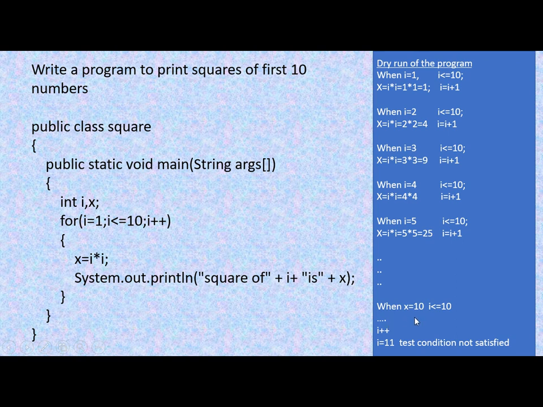But after execution, the value of I will increase by 1, and now when it becomes 11, then the test condition will not be satisfied, because our condition is that I's value should be less than or equal to 10. So once this condition is not satisfied, then the program control will come out of this for loop, and this will display the output. So this is how for loops are executed.